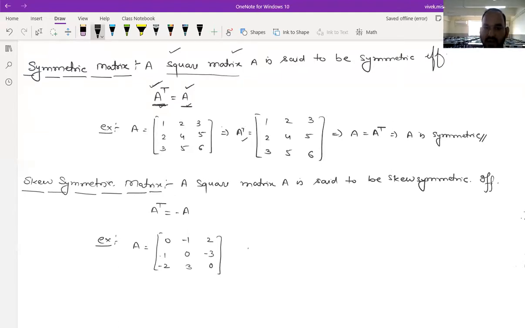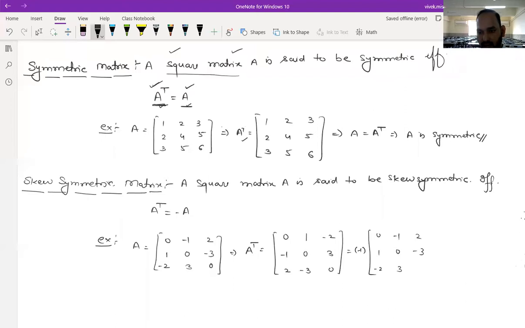Now this matrix, if I take its transpose, so 0, 1, minus 2, minus 1, 0, 3, 2, minus 3, 0.